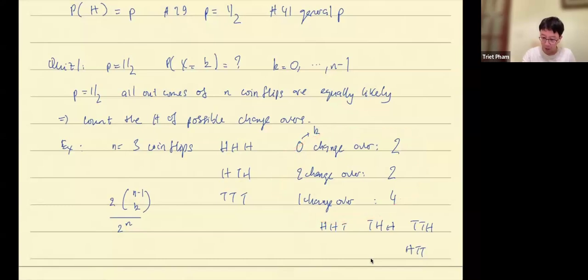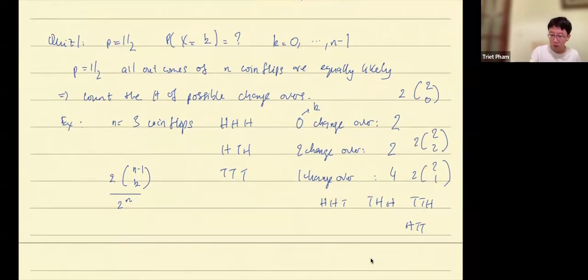So n equals 3. When k equals 0, that's 2 times 2 choose 0, which is correct. When k equals 2, that's 2 times 2 choose 2. When k equals 1, that's 2 times 2 choose 1.